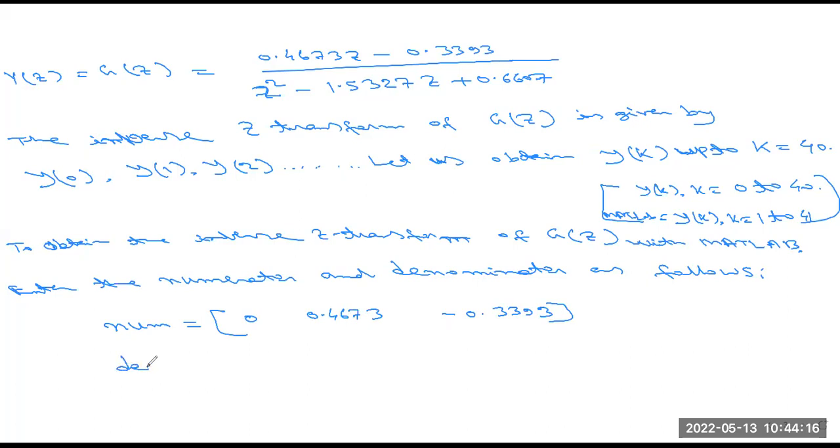Another one is the denominator part. So DEN means denominator part, that is 1 minus this one plus this one. So I am writing 1 minus 1.5327, another one 0.66. Okay.